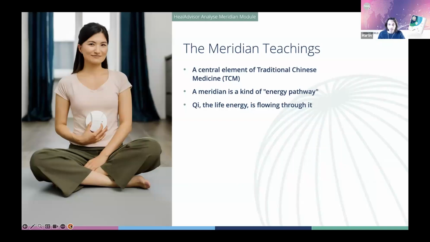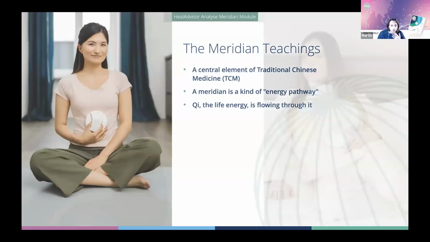And you can basically see those meridians as energy pathways, because if those meridians are flowing freely, you can also measure that they are coherent, and the energy is flowing freely. So let's go to the next slide.